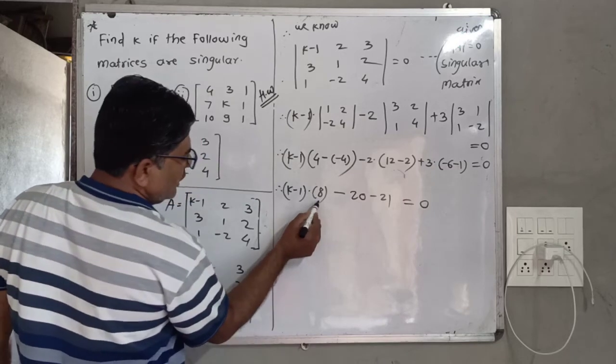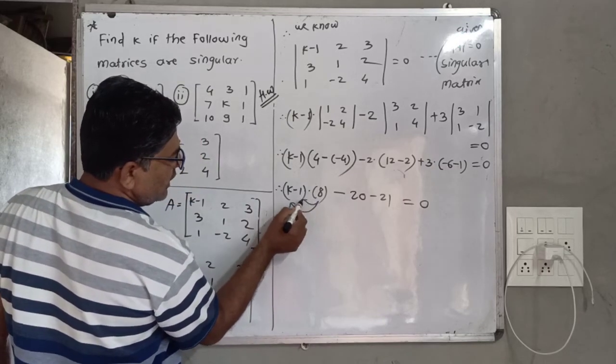Okay, 8 will be multiplied to both elements of this bracket, here and here.